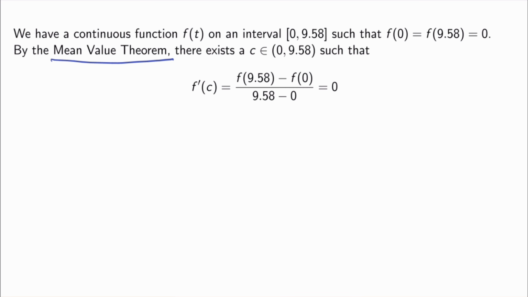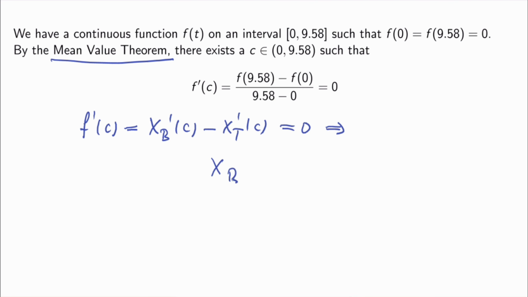So f prime is 0. But this means the following. F prime at c, you remember f was the difference between the locations, so f prime is the difference between the speeds: x_B prime at time c minus x_T prime at time c. But this was 0, implying that the velocities at time c indeed were the same. And that's what we claimed.